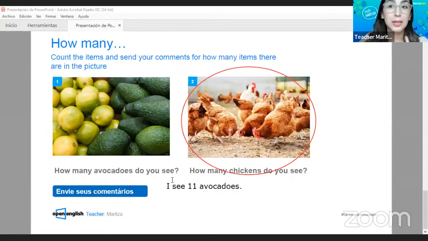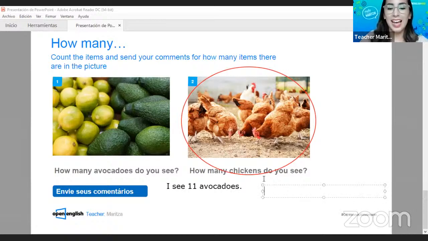All right, so let me do a quick count myself. I see 1, 2, 3, 4, 5, 6, 7, 8, 9, 10, 11, 12, 13, 14, 15, 16. That was my quick count. I see 16 chickens. Oh, and I actually didn't follow my own rule.